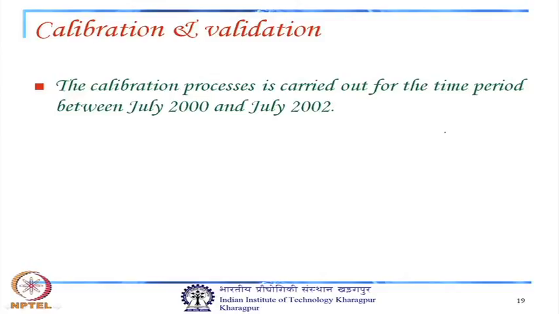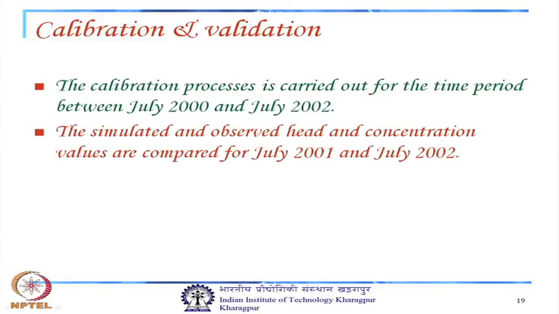So, for calibration and validation, the calibration process is carried out for the time period between July 2000 to July 2002, and simulated and observed head and concentration values are compared for July 2001 and July 2002.